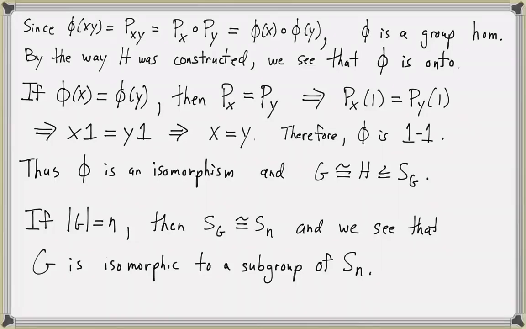And this concludes the proof of Cayley's theorem. So every group is isomorphic to a subgroup of some symmetric group.